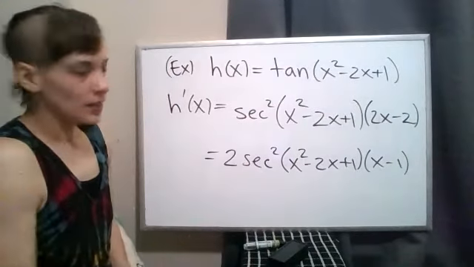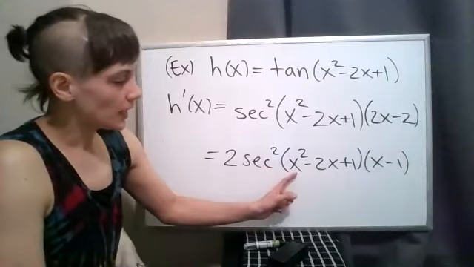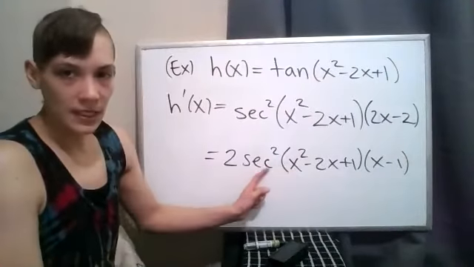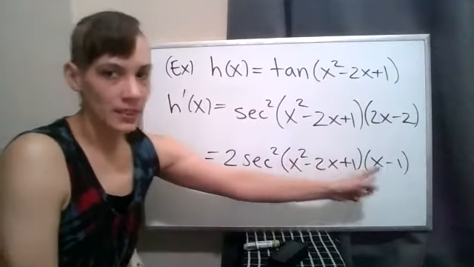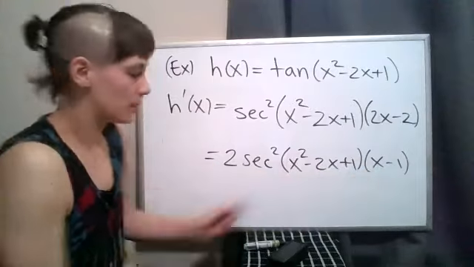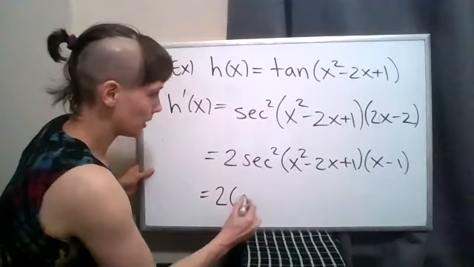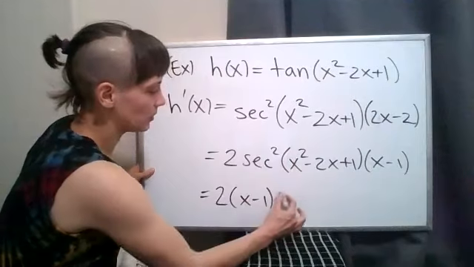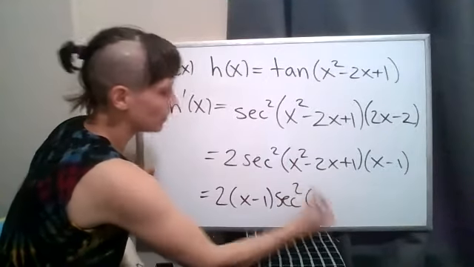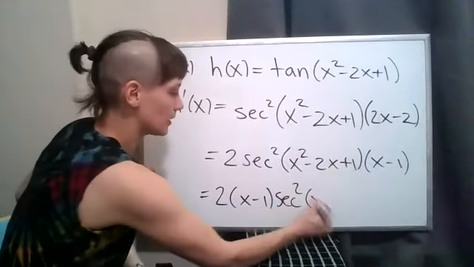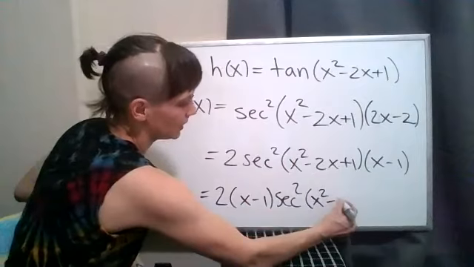And just be careful that this is an input of the secant squared function. It's not this piece times this piece. So if it helps, maybe write it like this. It would be 2 multiplied with x minus 1, and then multiplied with secant squared of that input.